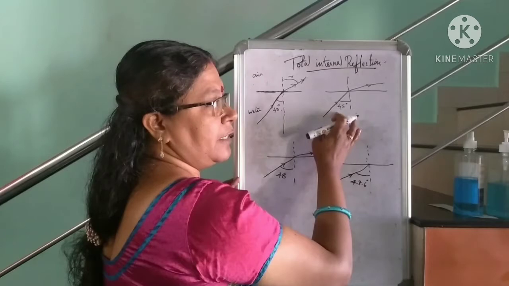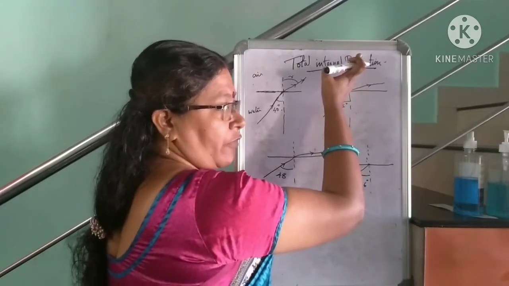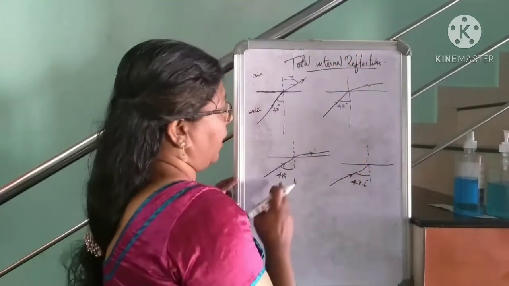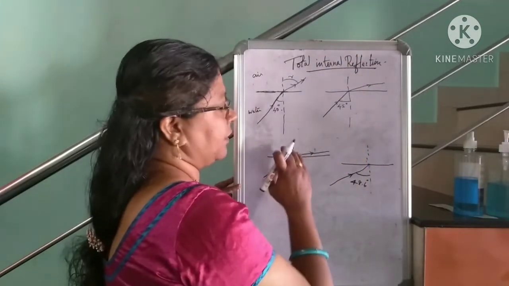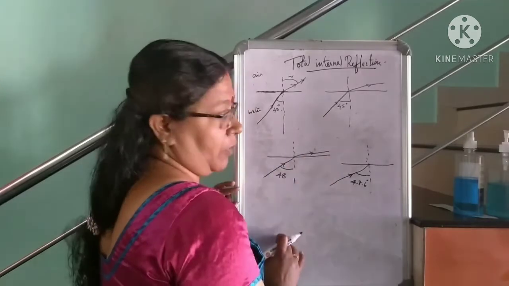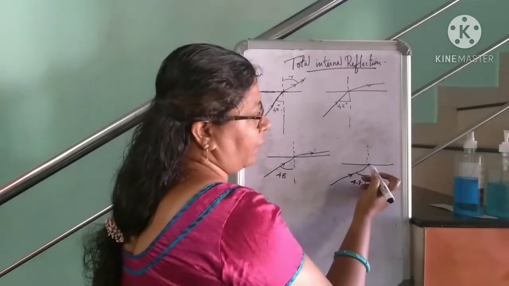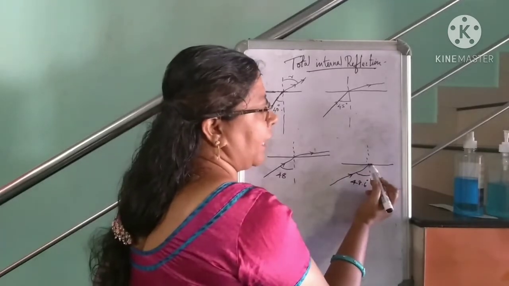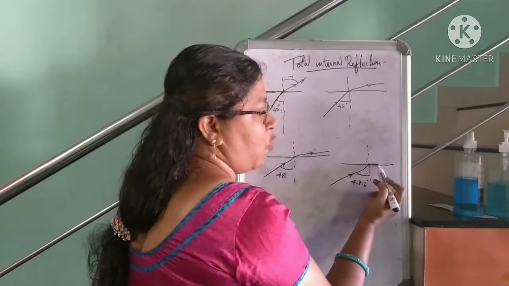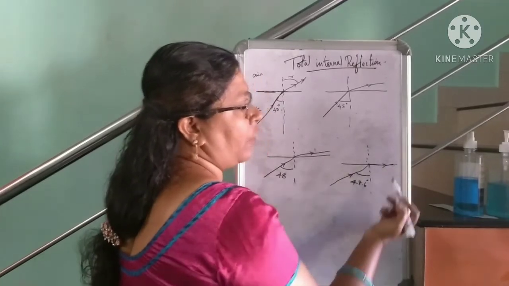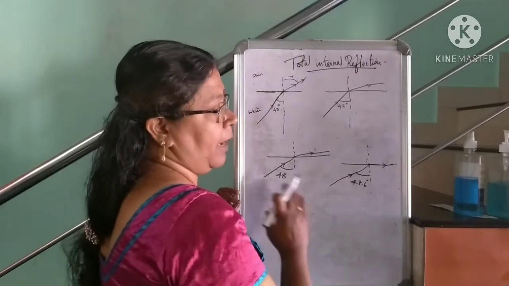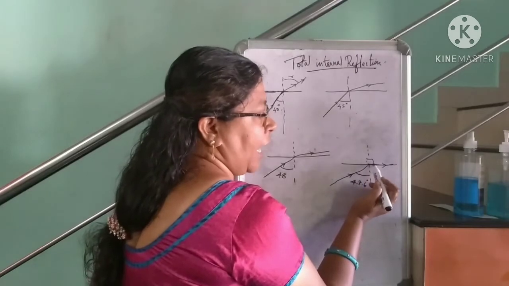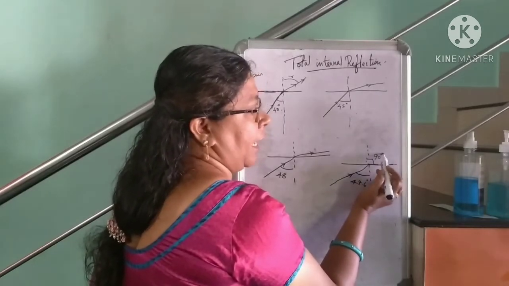When the angle of incidence increases, the angle of refraction also increases, or the refracted ray bends. Again, when the angle of incidence increases, the ray of light bends again. Now, when the angle of incidence is 48.6, the refracted ray will move along the surface of water. So here the angle of refraction is 90 degrees.